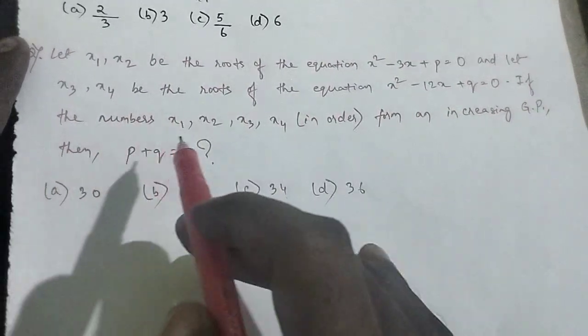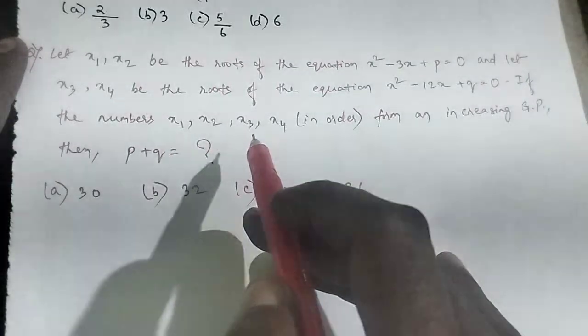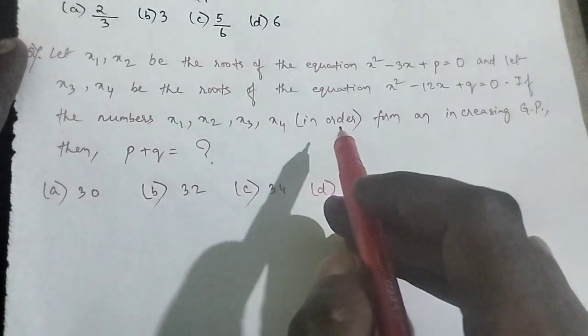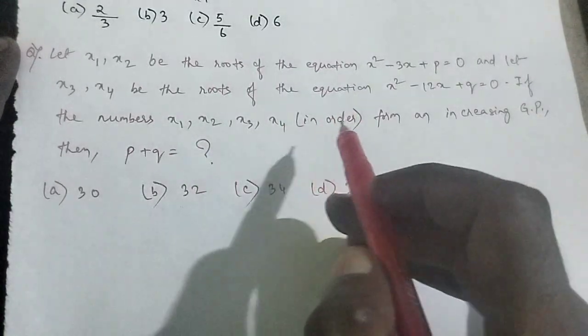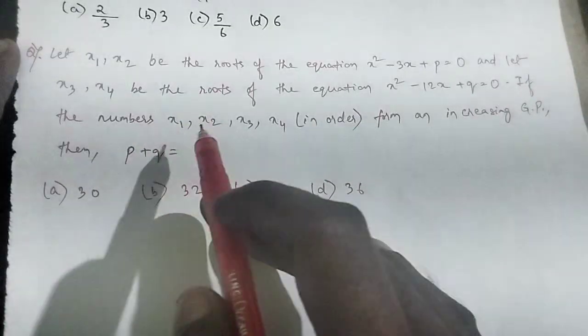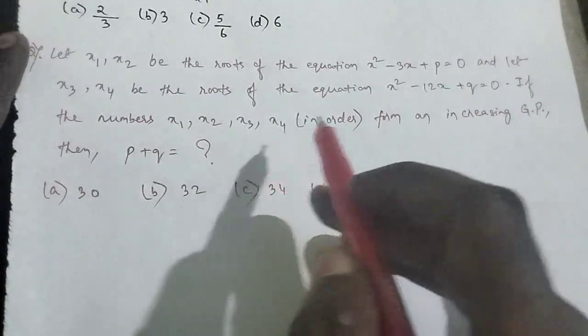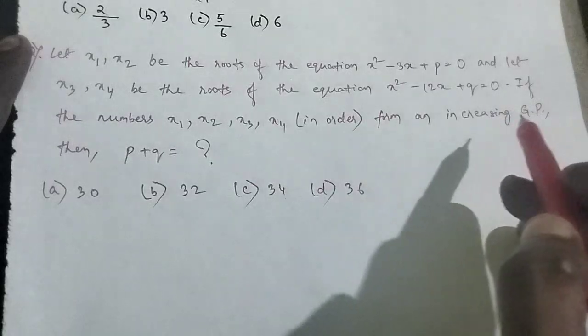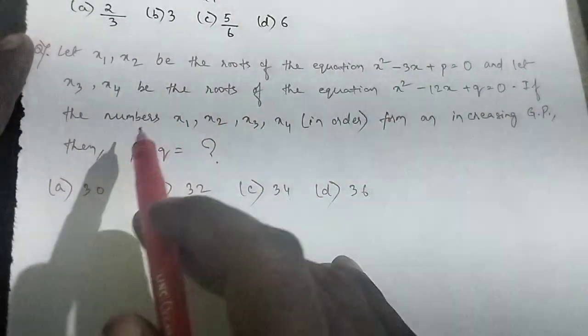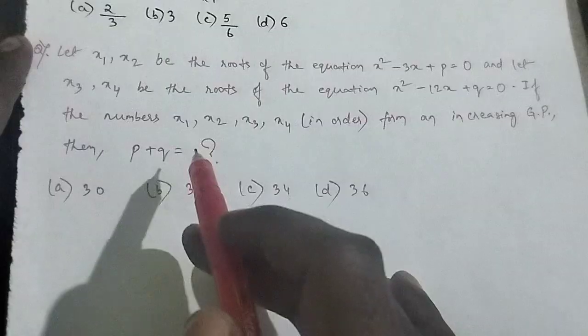If the numbers x1, x2, x3, x4 (in order) form an increasing geometric progression, then p plus q is equal to question mark.